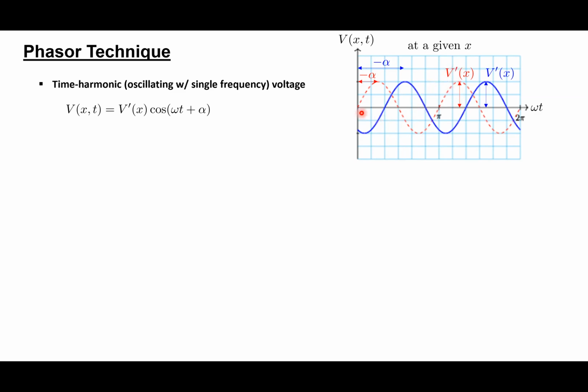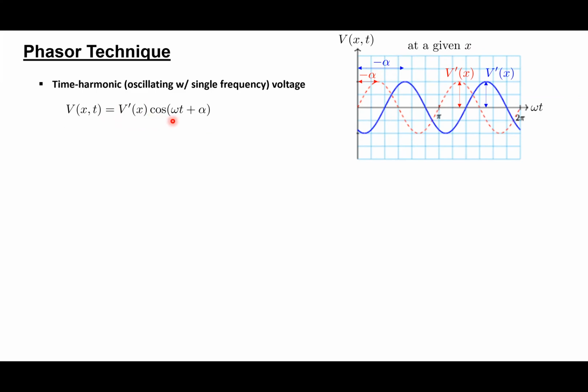By the way, this is the voltage signal measured at a given position x. So this time harmonic voltage can be represented by the amplitude times cosine of omega t plus phase. This is the general representation of the time harmonic signal.